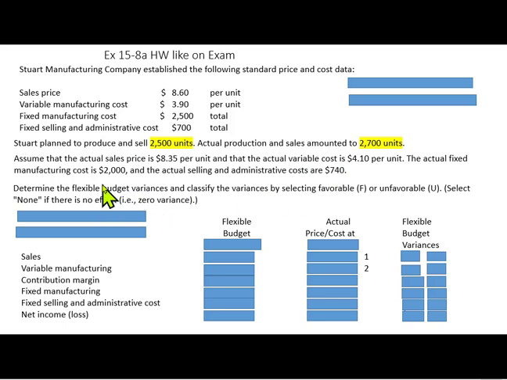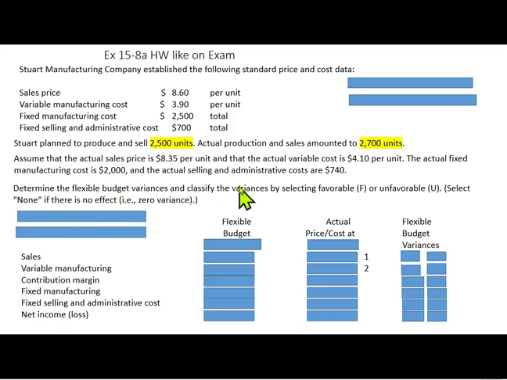They want you to determine flexible budget variances and classify the variances by selecting favorable with an F or unfavorable with a U, and select none if there's no effect, which would be no zero variance, right?